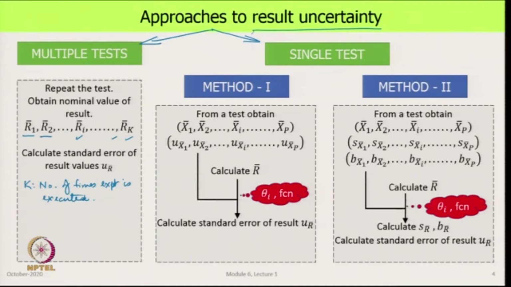So, now what we have is a bunch of numbers here which themselves form a sample, and using that data as a sample, we can then calculate the standard uncertainty of the result U R bar.